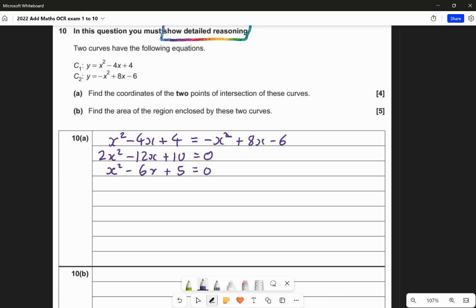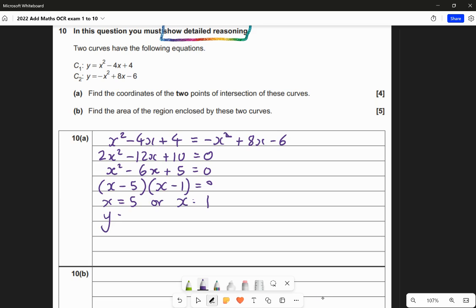Slightly easier to factorize now. So we have x minus 5 in one bracket. That's one factor. And x minus 1 is another factor. And therefore, my two roots are x is either 5 or x is 1. And with those two values of x, I can find values of y.